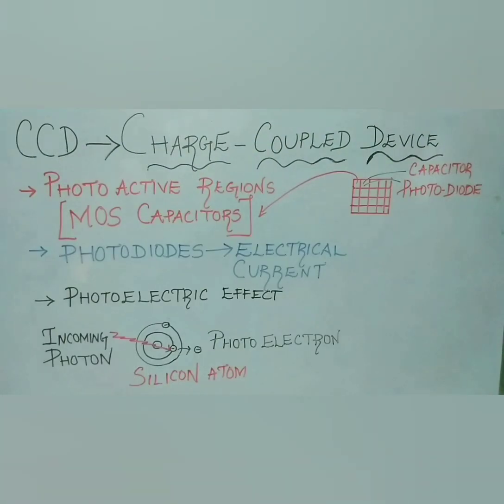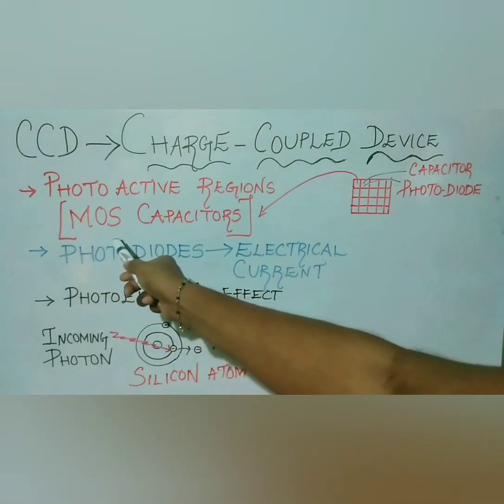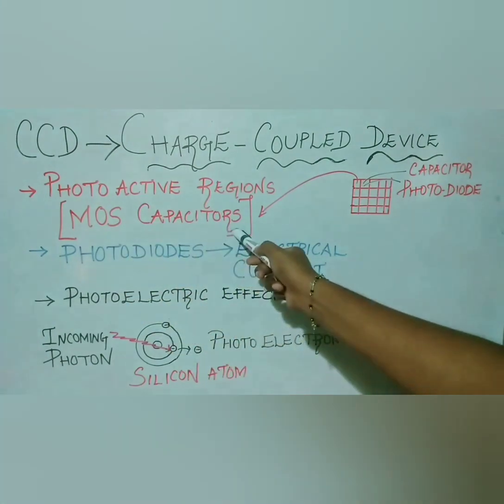In the last part, we studied semiconductor materials and their types, and the role of a semiconductor material in electrical conduction. So, our CCD is made up of a semiconductor material, that is silicon. Silicon in a CCD has been etched with photoactive regions. These photoactive regions are for capturing X-ray photons, and they are made up of metal oxide semiconductor capacitors.